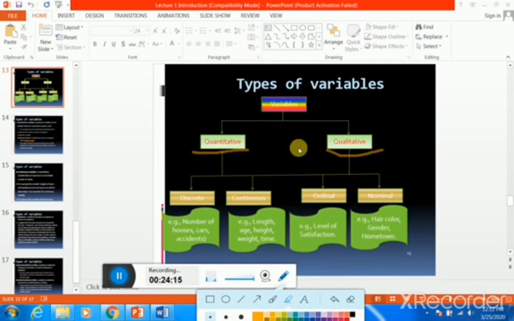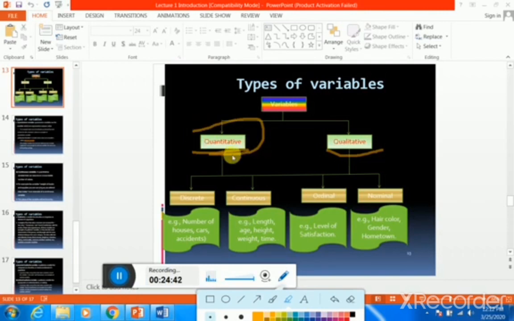Here in this slide I would like to give you the main idea about quantitative and qualitative variables. If you notice one thing, quantitative, quantity, here in quantitative the word quantity is hidden. It means something which we can quantify. So quantitative variables are those variables which we can definitely find out in terms of numbers.